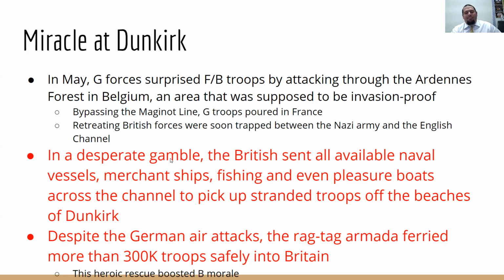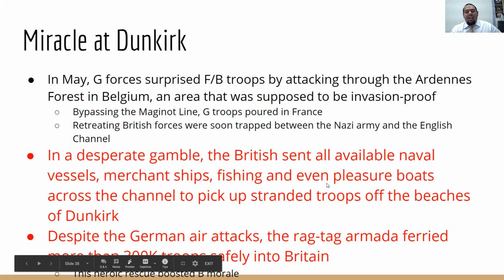In a desperate gamble, the British sent all available naval vessels and merchant ships, fishing, and even pleasure boats, aka yachts, across the channel to pick up stranded troops off the beaches of Dunkirk.